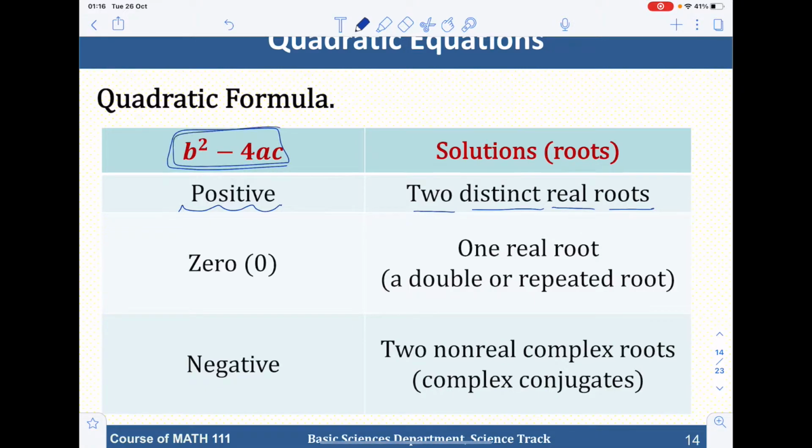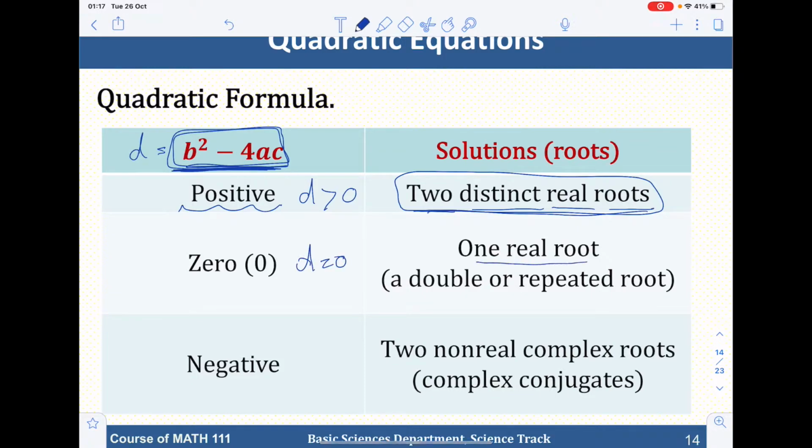So if we compute this value and see that it is more than 0, let's say d is the discriminant, then we have two solutions for our equation. If the discriminant equals 0, we have only one solution, a double or repeated solution. That means we have two solutions with the same value, so it is actually only one solution.